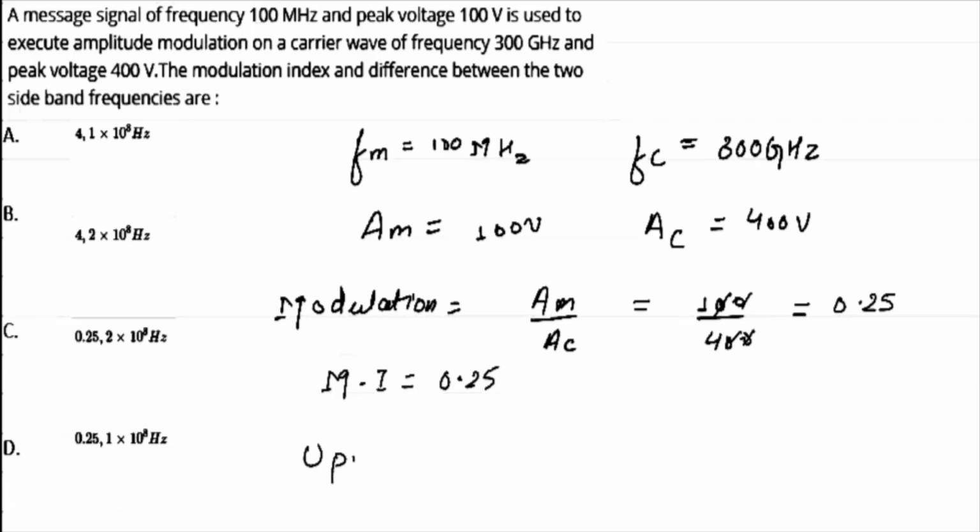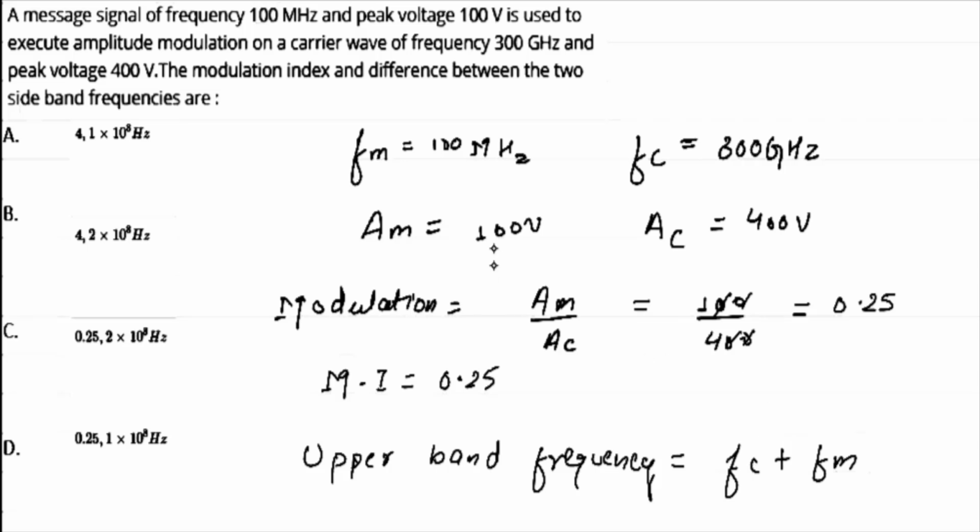One is the upper band frequency, which is fc, the frequency of the carrier wave, plus fm, the frequency of the message signal, and the other is the lower band frequency, which is equal to the frequency of the carrier wave minus the frequency of the message signal.